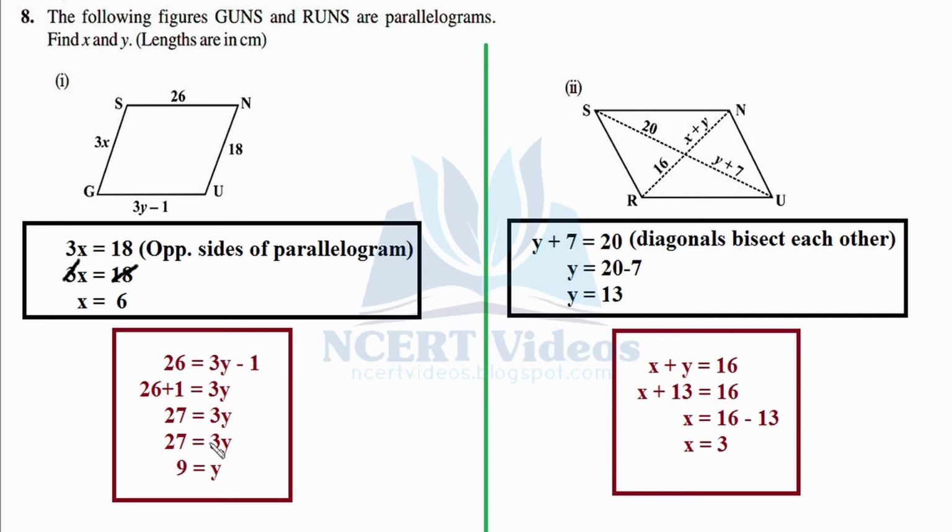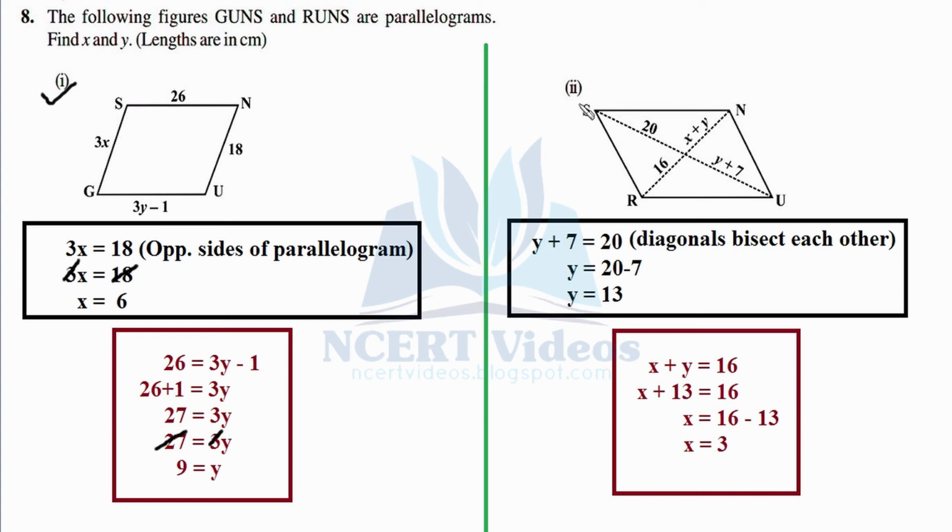We rewrote it because we are going to show you the cancellation. So 1 3 is a 3 and 9 3 is a 27. So 9 equals y and our value of y is separated. Therefore, we have successfully found, in case of the GUNS parallelogram, the measures of x and y, that is 6 and 9 respectively. This first part has been solved.